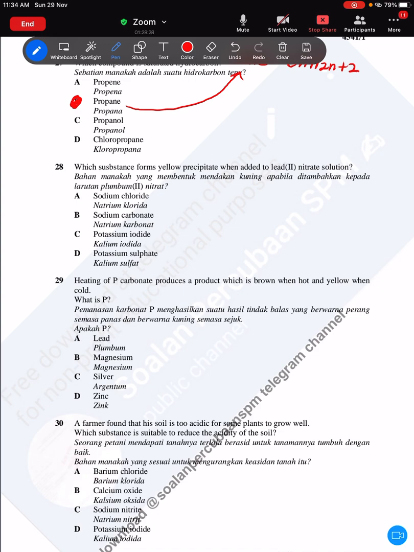Which substance forms a yellow precipitate when added to lead(II) nitrate? Yellow precipitate. It's actually, guys, a test for Pb2+. Which chemical here, when you add it, forms a yellow precipitate? Not sodium chloride, my dear.